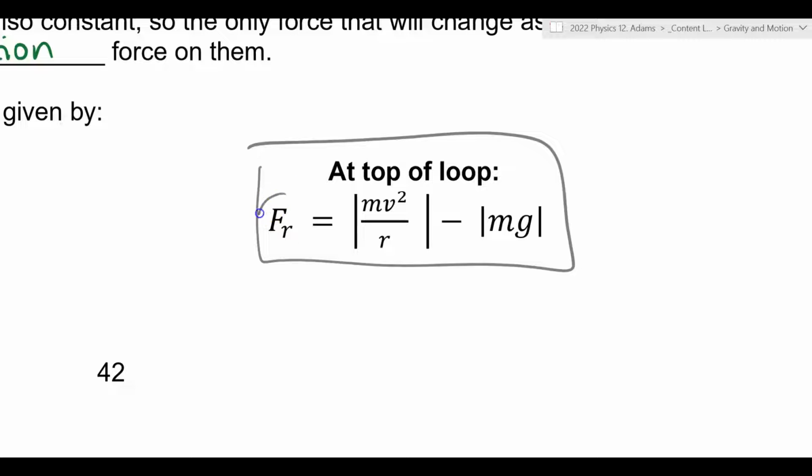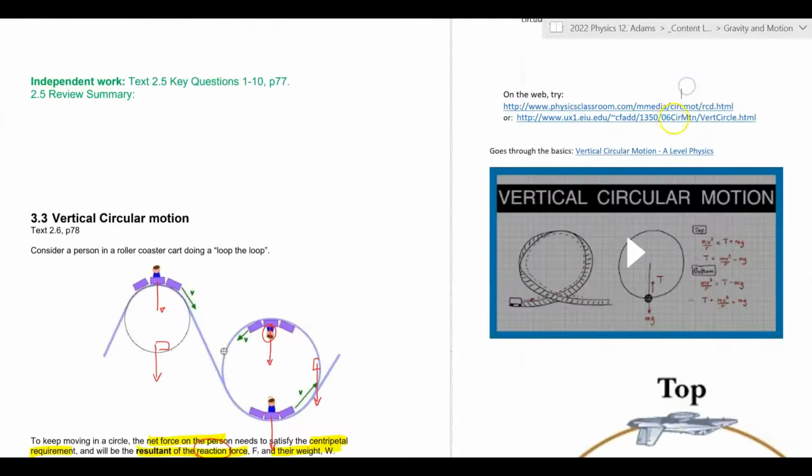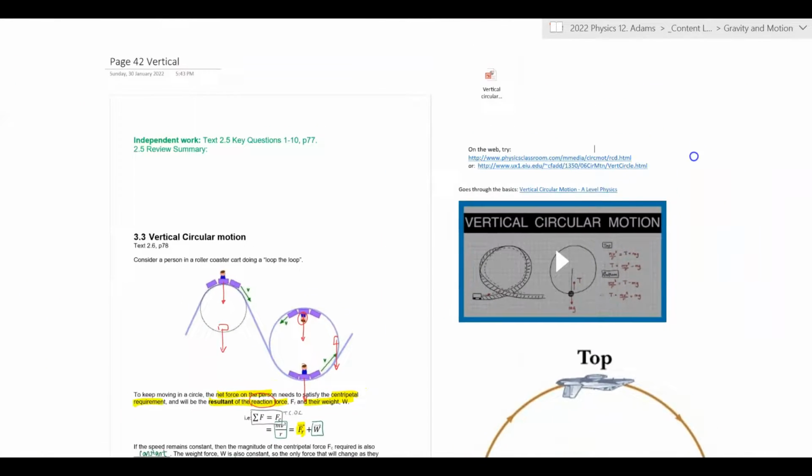So now your reaction force still needs to provide your centripetal force, but because gravity, your weight force, is in the same direction as your centripetal force, your reaction force doesn't need to supply all of your centripetal force. So that's hence the minus sign there. Let's look at that graphically when we look at the next page.